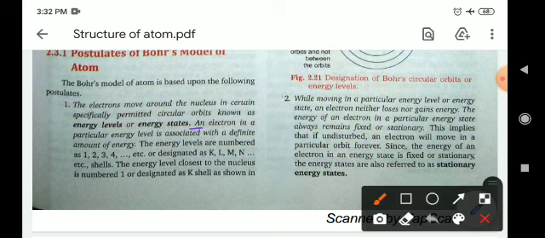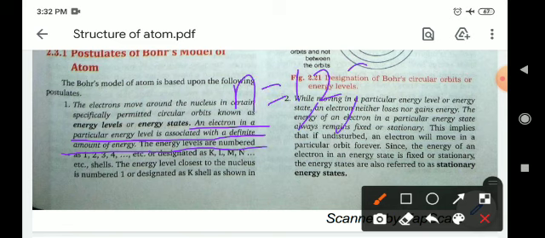An electron in a particular energy level is associated with a definite amount of energy. The energy levels are numbered n equals 1, 2, 3, 4 and so on, and they are designated as K, L, M, N and so on.